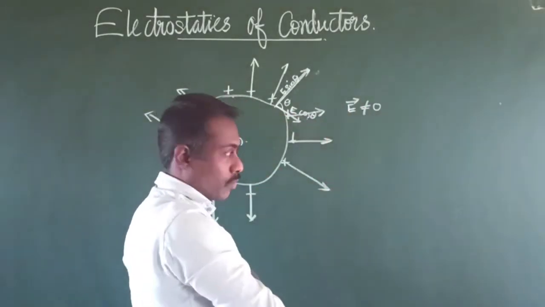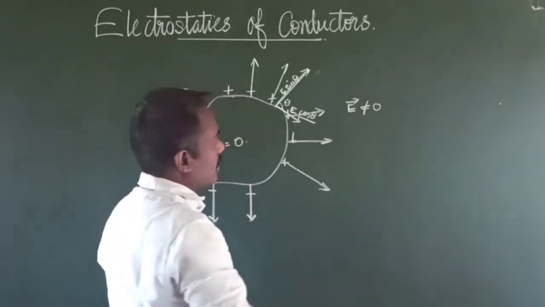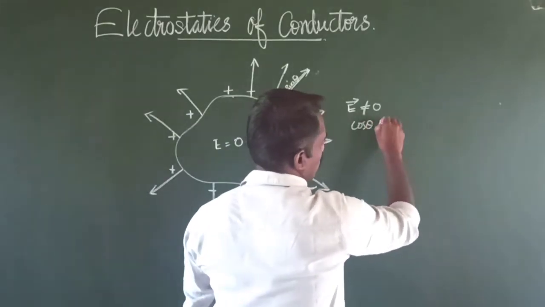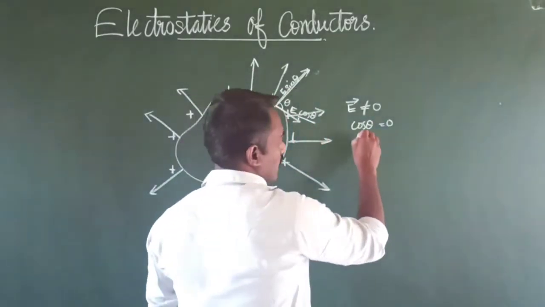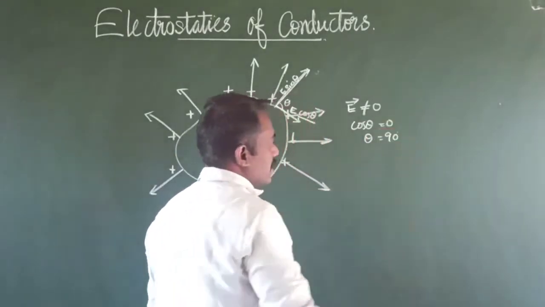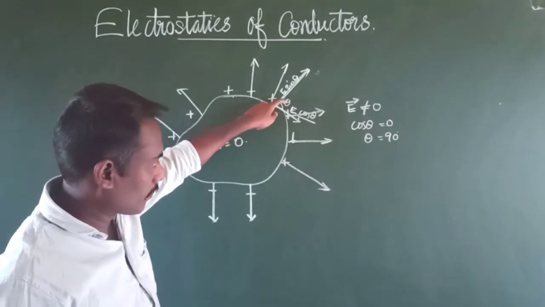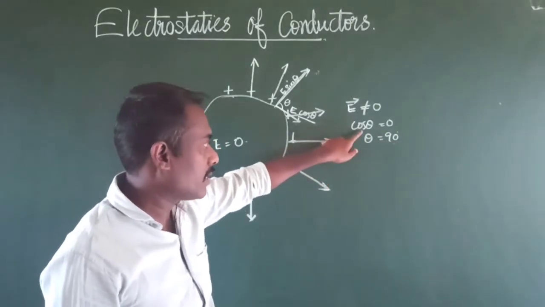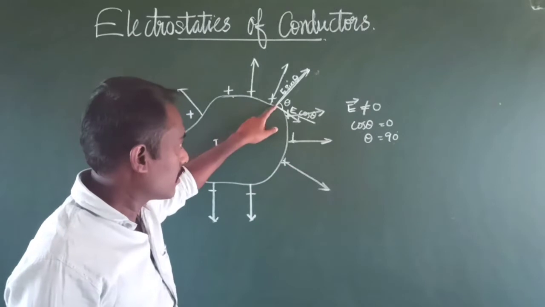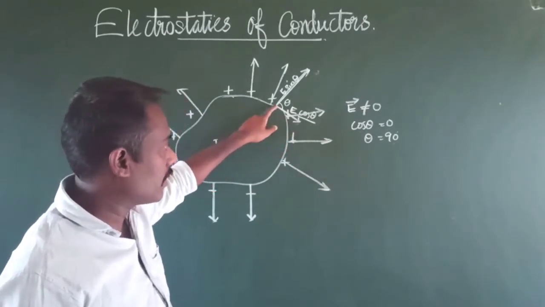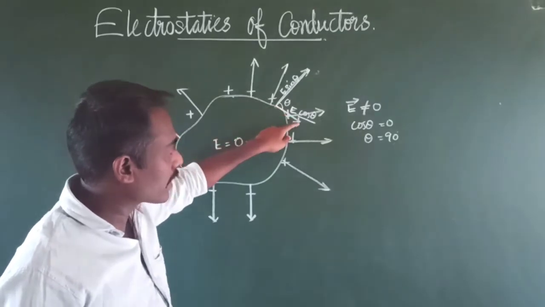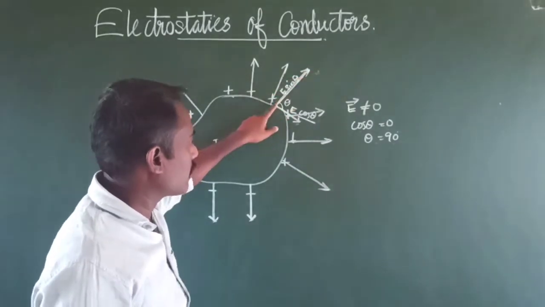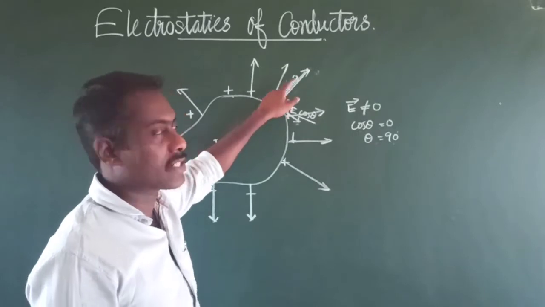So the condition for the component along the surface to be zero is that cos theta should be 0, which means theta should be 90 degrees. At that condition, the component along the surface of the conductor becomes 0, and only the perpendicular component remains, which gives the direction of the electric field.